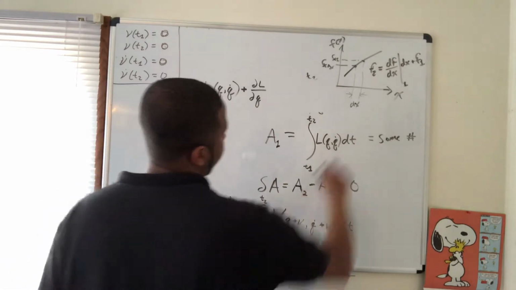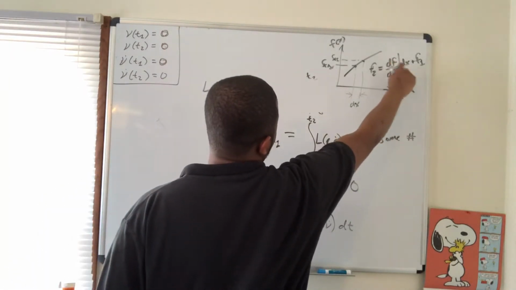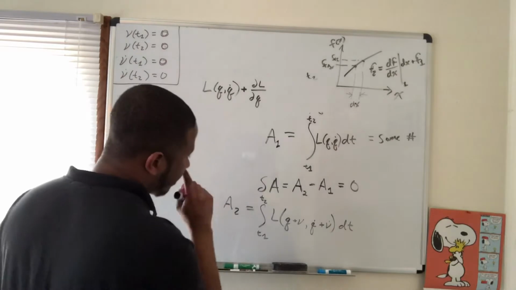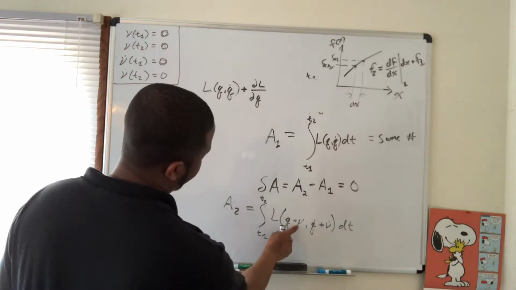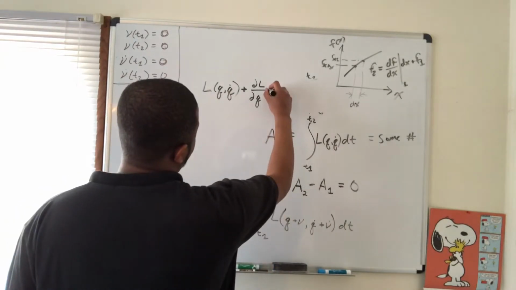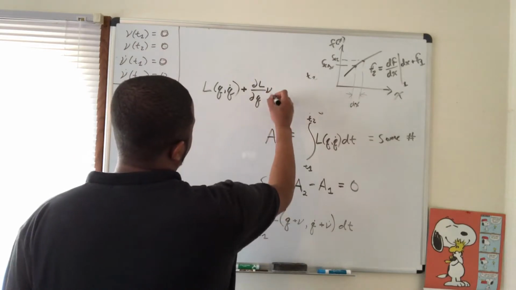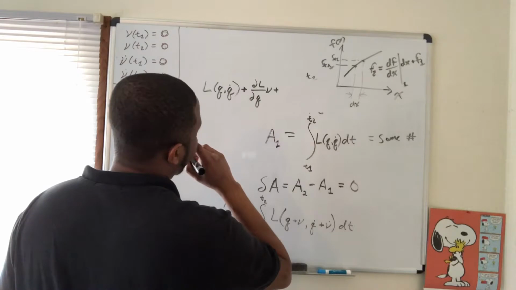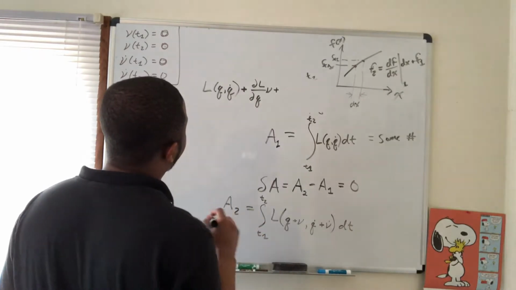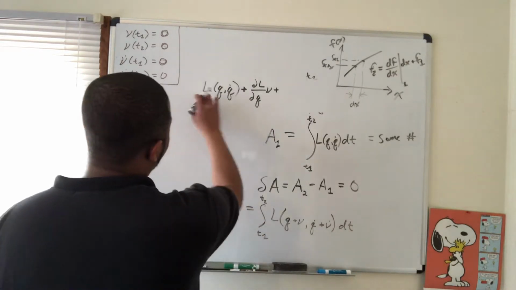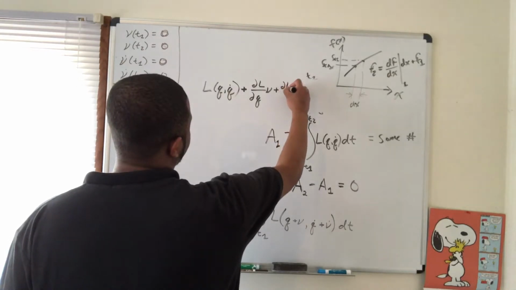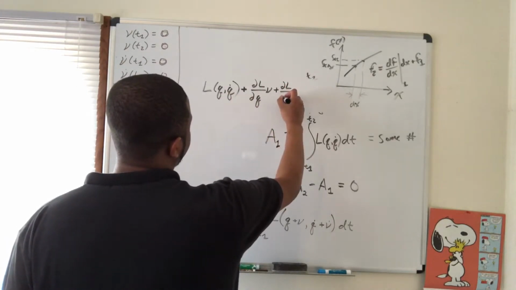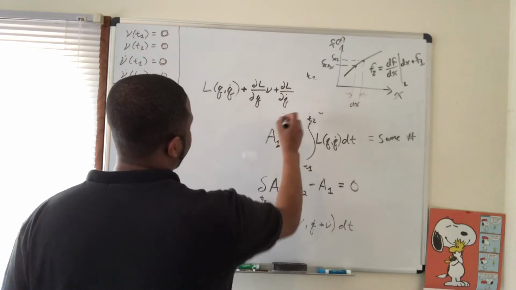Just like we did here, this slope times that small change. But now in this case, we define that small change as V, right? And then we add on the other partial derivative, the partial derivative of L with respect to Q dot.